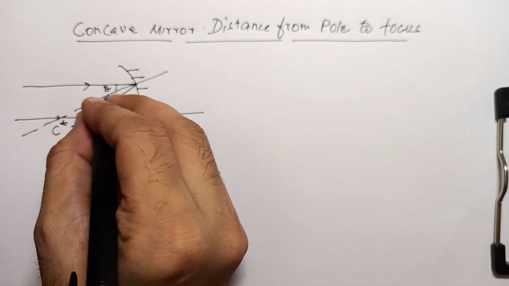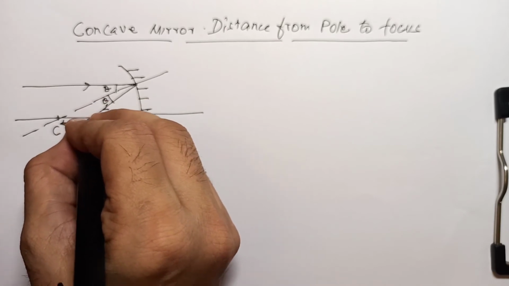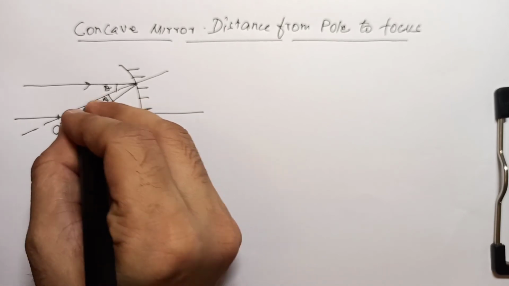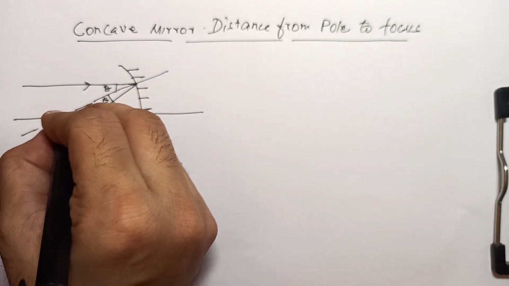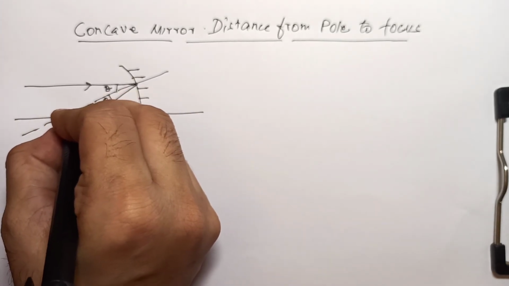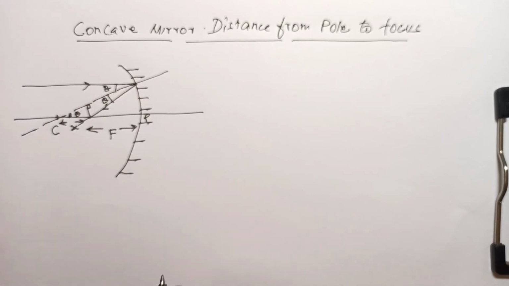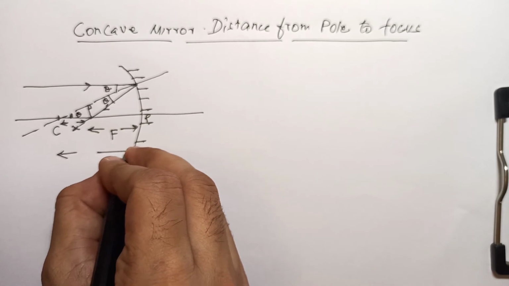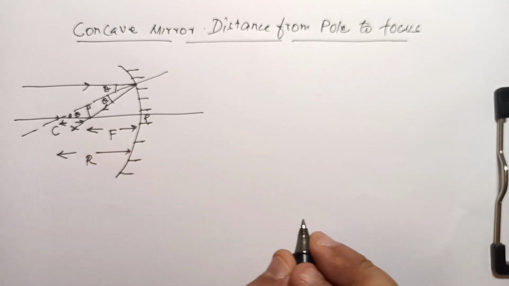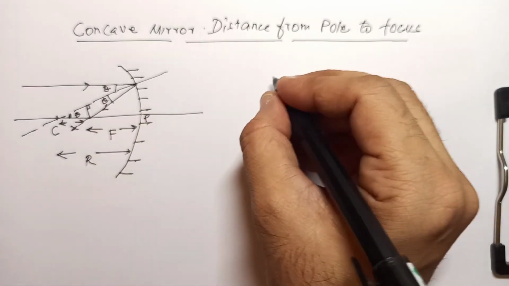If this angle is theta, and we draw a perpendicular here which is 90 degrees, then this angle will also be theta, correct? This whole distance is r. So let's draw a separate triangle.